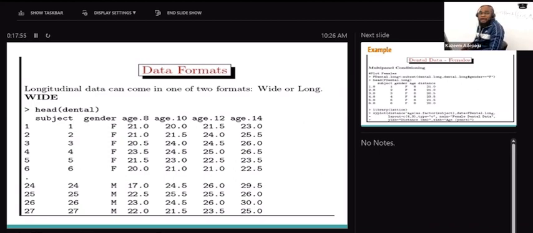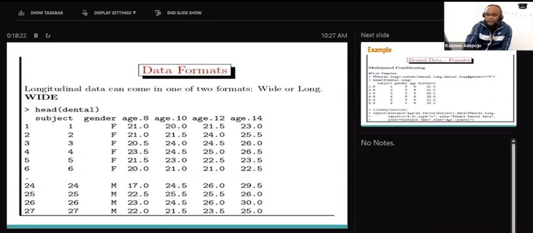They were observed at 4 different times, at the age of 8, at the age of 10, at the age of 12, and at the age of 14. The values that you are seeing, 21.0, 20.0, are the continuous random variable that we call the distance that we're talking about. Does that make sense?